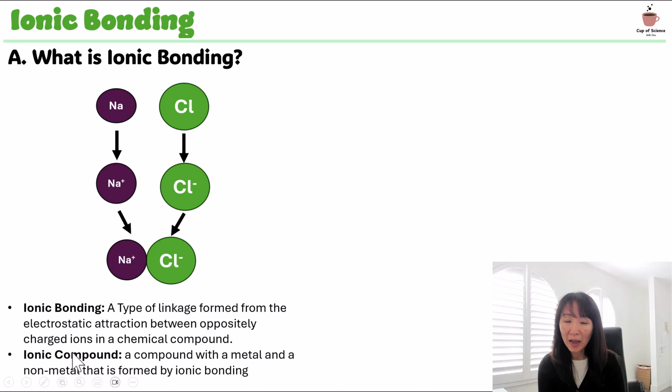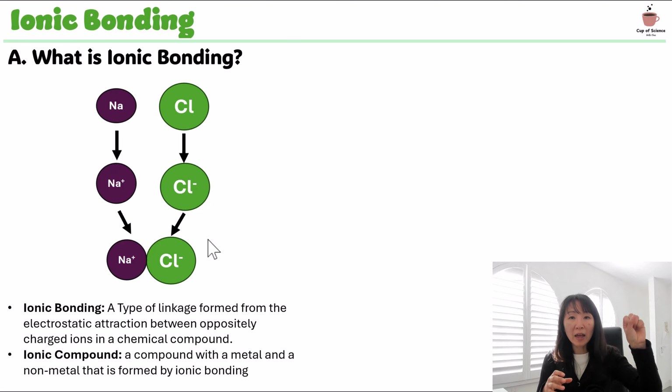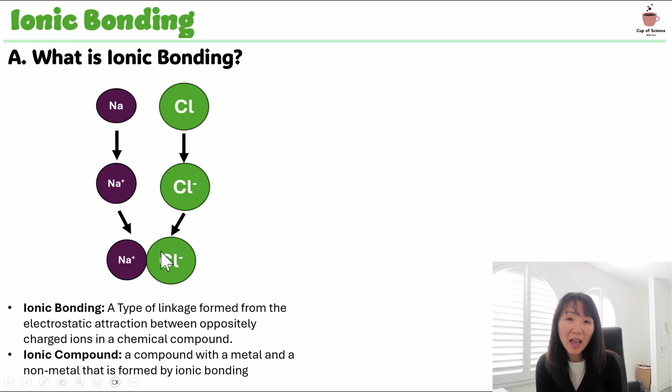This entirety is considered to be sodium chloride, and that is a compound. So we have an element and an element that became ions. The ions then came together to form a compound, and that attraction between the two is the ionic bonding.